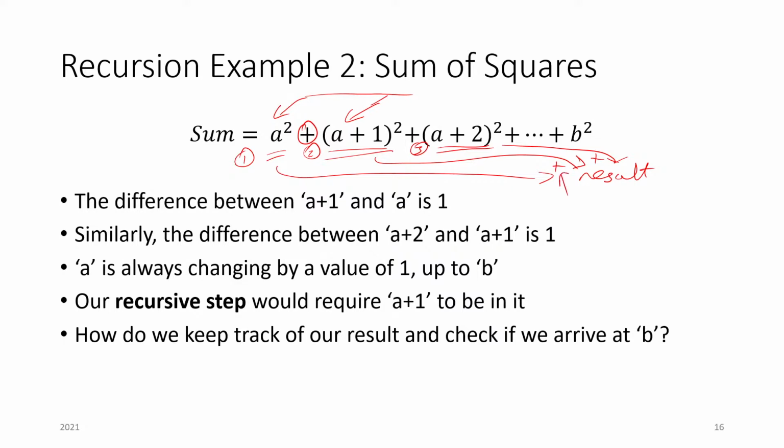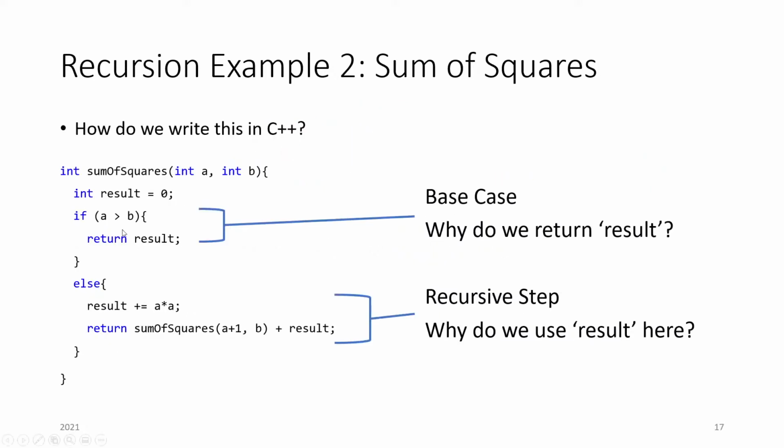So the result of a plus 1 squared needs to be added, because of addition here, to the result of a squared from before. So that's why we have our plus equal here, to keep track of the results as we go up in values of a for each recursive step.